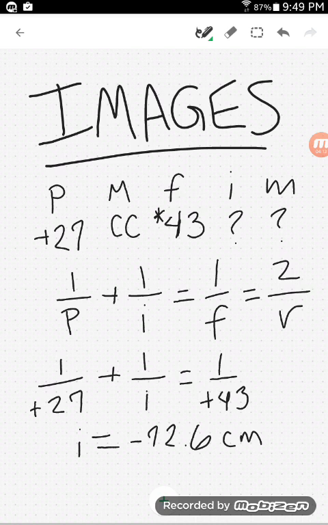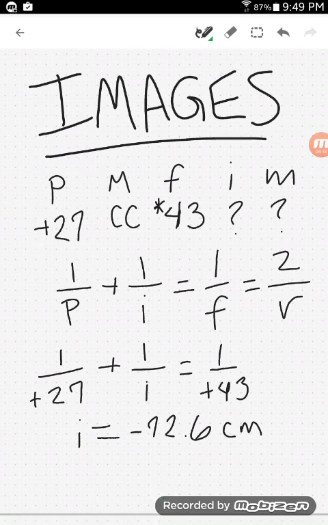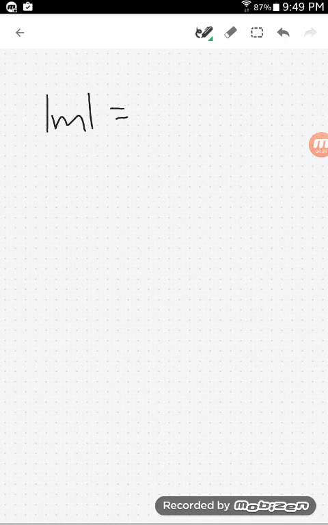And then we want to calculate the magnification. So the equation for magnification, one of them, which isn't necessarily relevant right this second, but I'll tell you anyway, is the absolute value of magnification is equal to h prime.